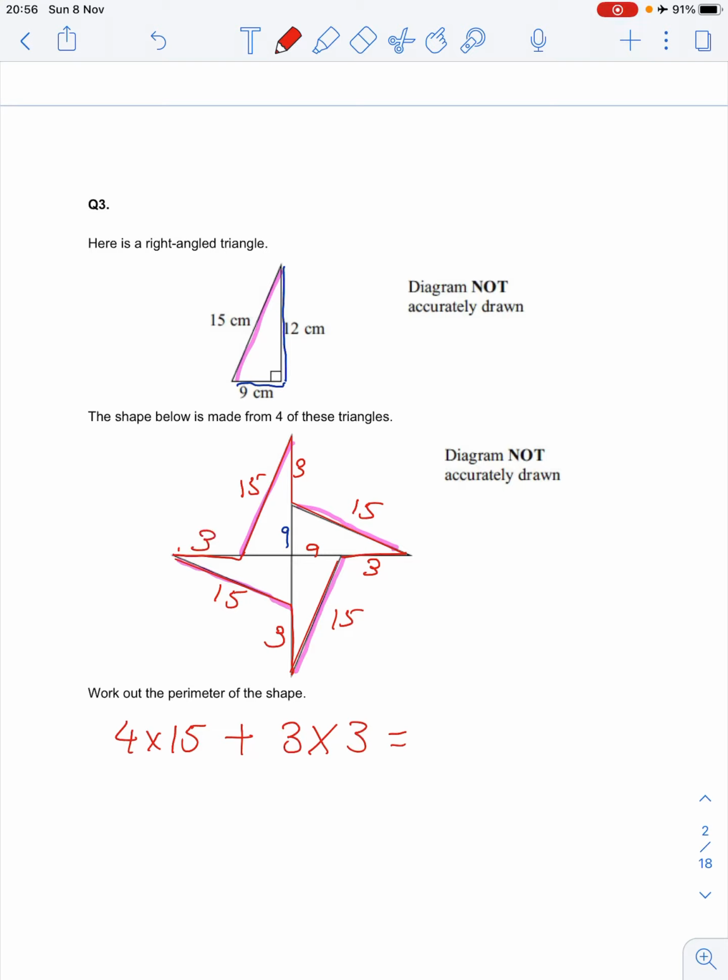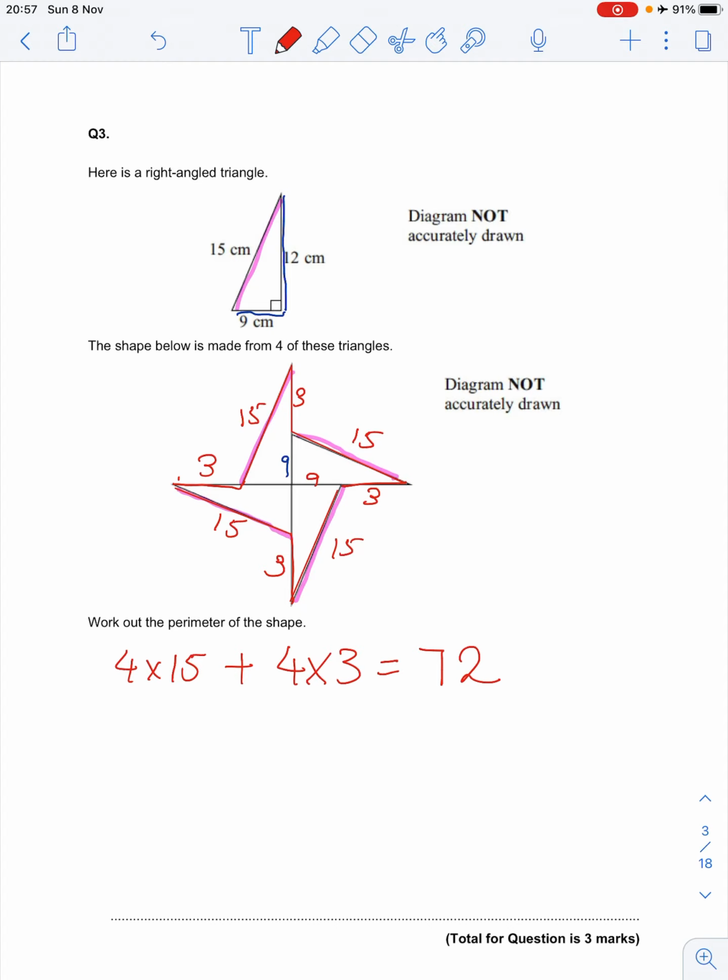Remember there's another 3 here, so there are 4 lots of 3s. Which equals 72. So now we've added up the perimeter of the shape, and it equals 72 centimeters.